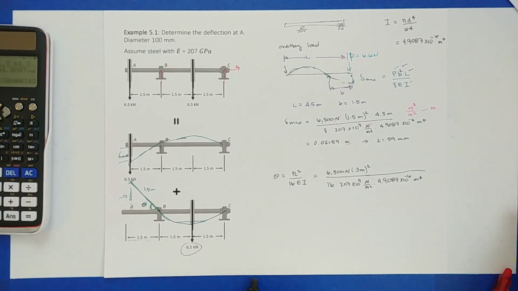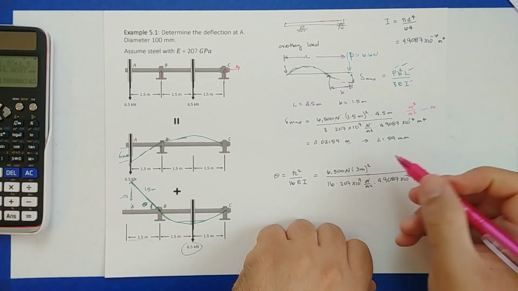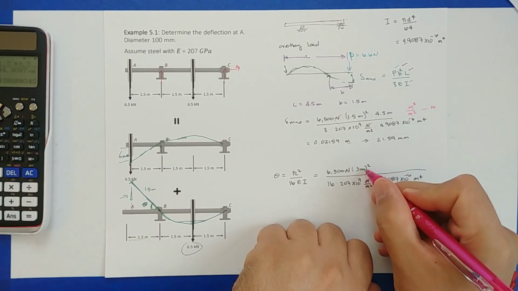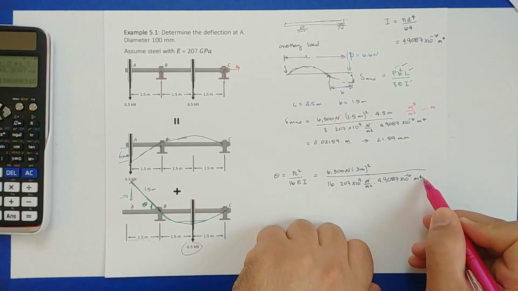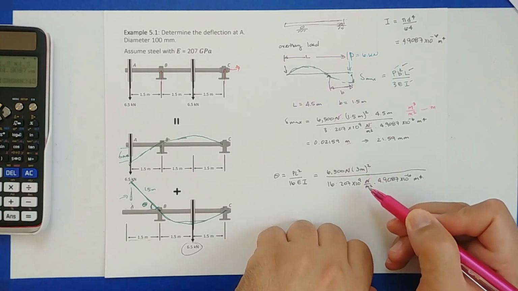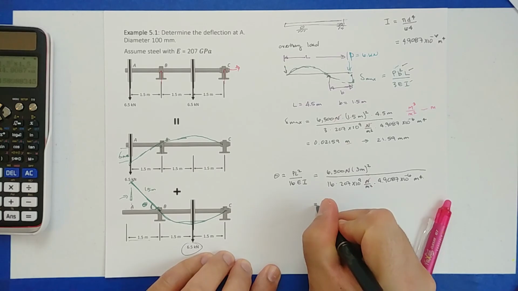So again, let's make a unit check real quick. This Newton is going to cancel with this one. So at the top, we're going to have meters squared. If we look at the bottom, we have meters to the fourth divided by meters squared. So we have meters squared at the bottom, which is going to cancel with the meters squared at the top. And we're going to have something that is unitless.